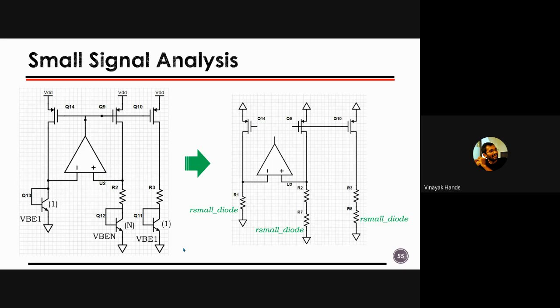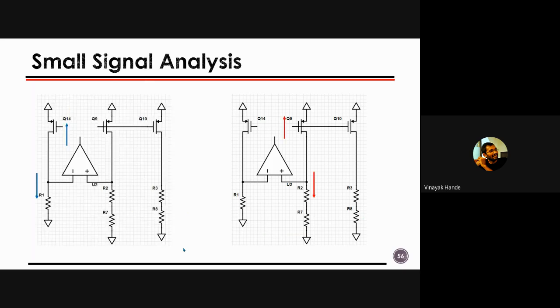I think you must already be aware of it. The small signal resistance of a BJT or a diode, in fact, for a diode with area 1 and area 1 million, is exactly the same. So this is quite an interesting fact. With this, you can go ahead and replace all the BJTs with their small signal equivalent resistance.